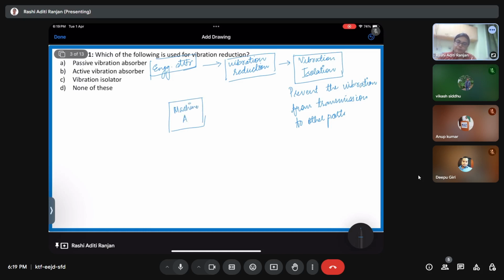machine A and I have a sensor mounted over here. Let us say that this sensor is there to measure the temperature of the room in which machine A is there, right? Now, if my machine A is encountering vibration, what is going to happen to the sensor?